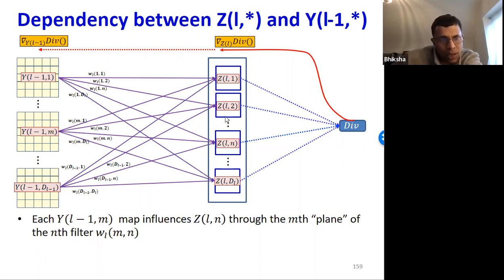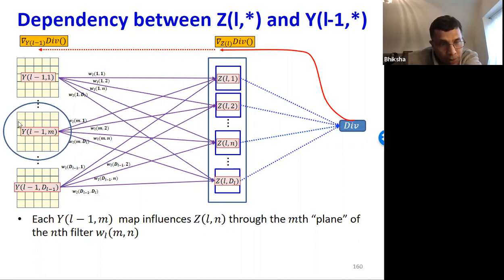And so, if I want to compute the derivative for the elements of this one guy, I have to compute the derivatives over all of these paths, right?